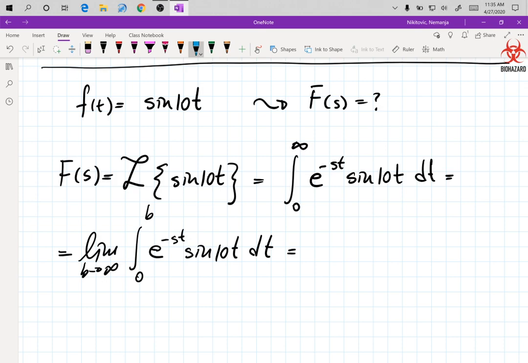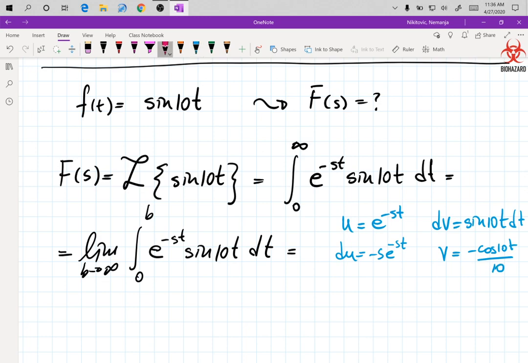We start with pinning down u as e to the negative st, which would leave as a dv our sine 10t dt. Our du will be negative s e to the negative st, and our v will be the integral of sine, which is negative cosine 10t divided by 10.